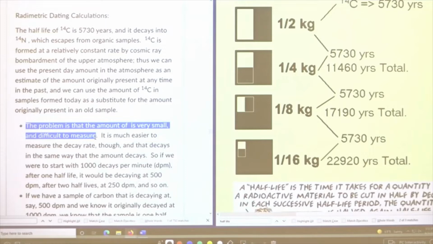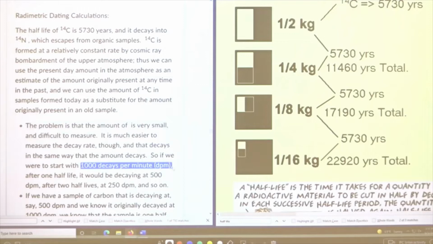And because the rate of decay decreases as the amount decreases, instead of using the amount, we can simply measure the decay rate. And so, if, for instance, today it decayed at 1,000 decays per minute, after one half-life it would be decaying at 500 dpm, after 2, 250 dpm, after 3, 125 dpm, after 4, 62.5, and so on and so on.